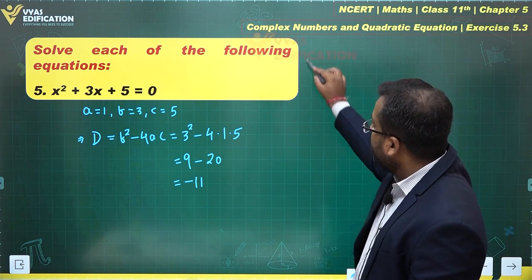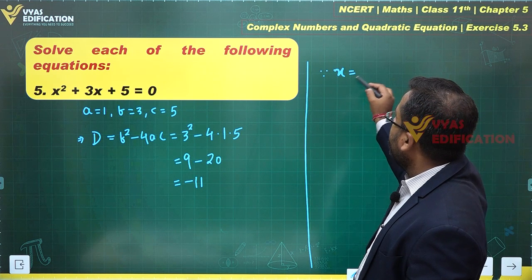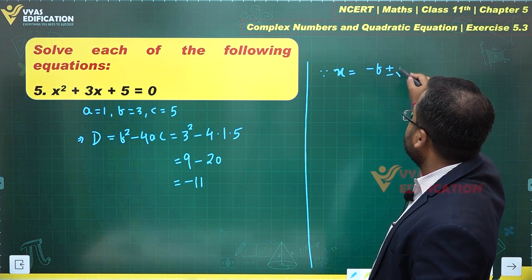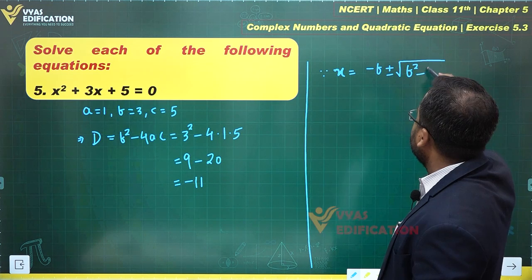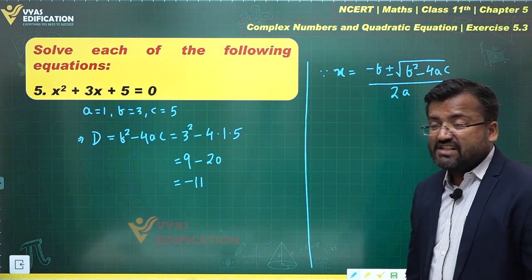Minus 11. And since x equals minus b plus minus under root of b square minus 4ac upon 2a, what does this imply?